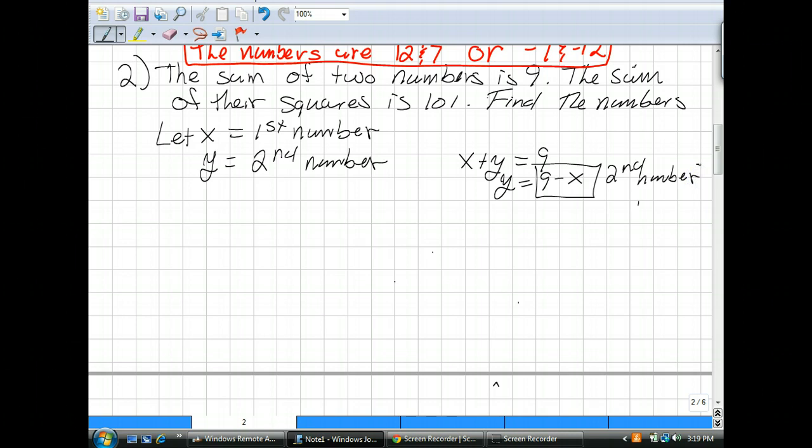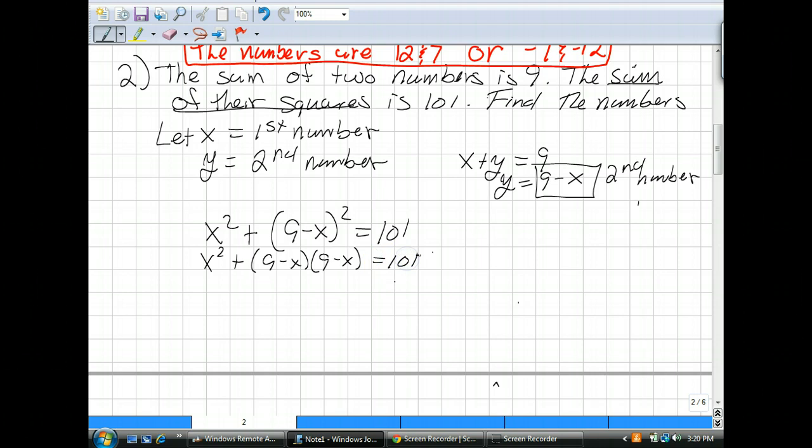Now we set up our equation. It says the sum of their squares. So the square of the first number plus the square of the second number is 101. So this is going to be x squared plus 9 minus x times 9 minus x equals 101. x squared plus 81 minus 9x minus 9x plus x squared equals 101.